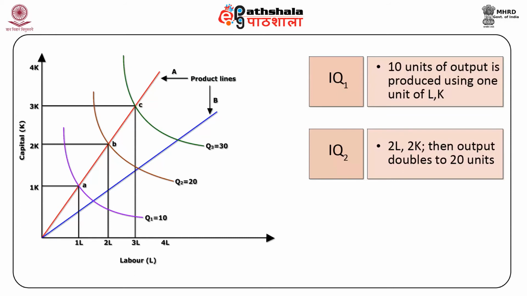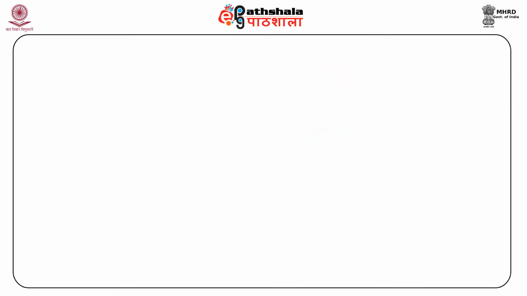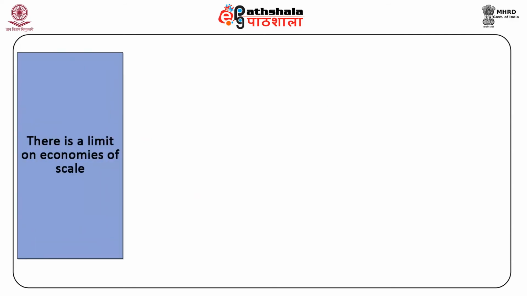Similarly, when the labor and capital were again increased by one more unit, then the output depicted by IQ3 was increased to 30. The constant returns to scale happen because there is a limit on economies of scale.